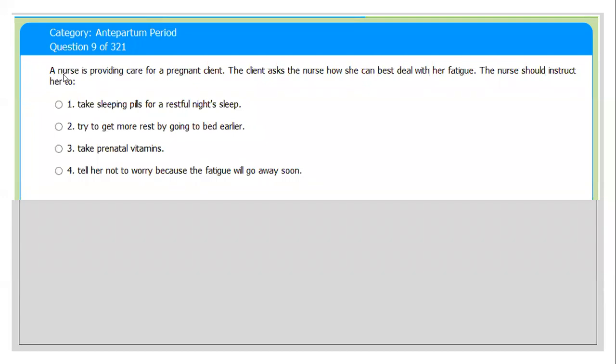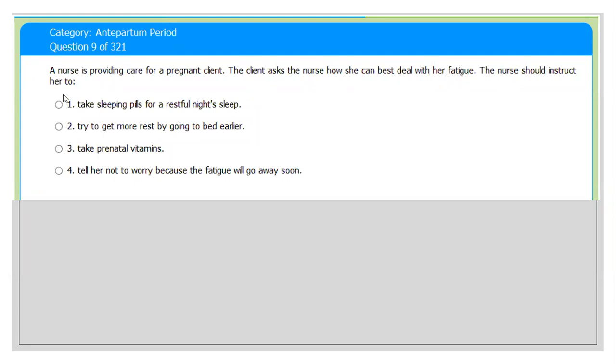Next question. A nurse is providing care for a pregnant client. The client asks the nurse how she can best deal with her fatigue.